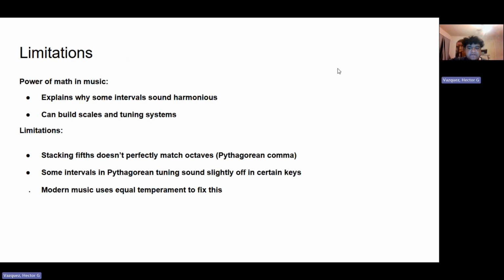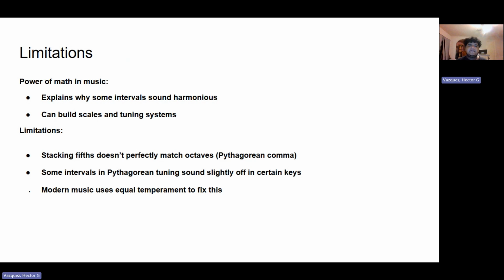All right, now for the limitations. Now that we explored harmonic ratios and Pythagorean tuning, let's talk about the power and limitations of mathematics in music theory. First, the power: mathematics allows us to understand why certain intervals sound harmonious. For example, the octave, the perfect fifth, the perfect fourth, and the major third are all based on simple ratios like 2 to 1, 3 to 2, 4 to 3, and 5 to 4.